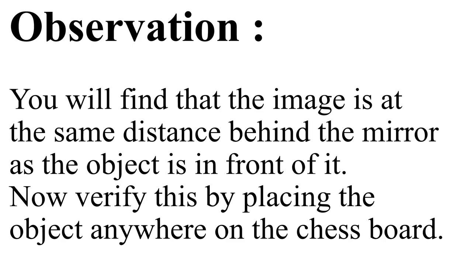Observation. You will find that the image is at the same distance behind the mirror as the object is in front of it. Now, verify this by placing the object anywhere on the chessboard.